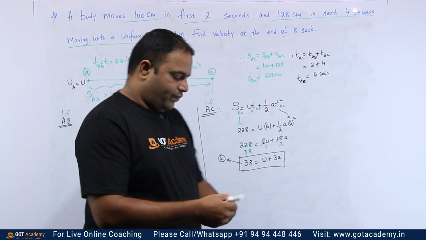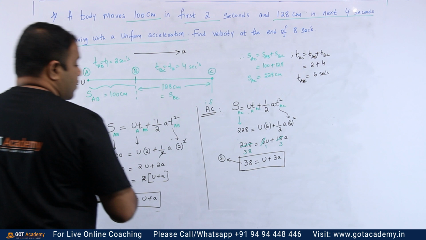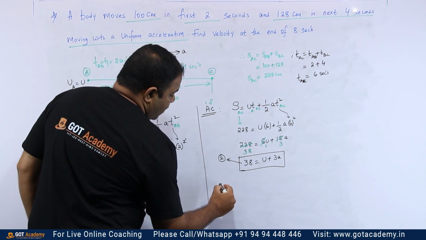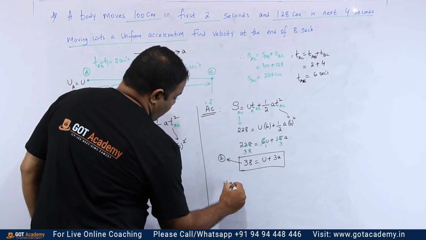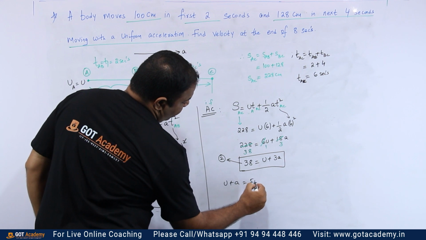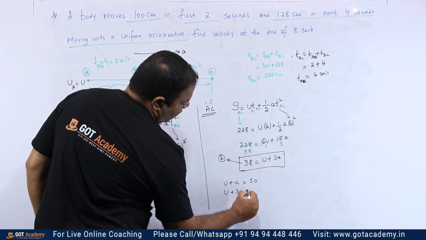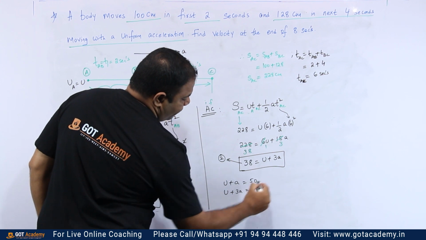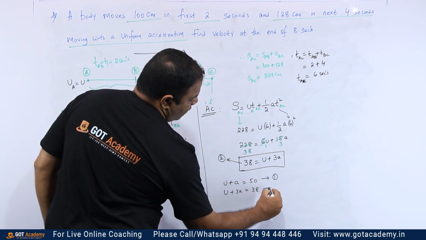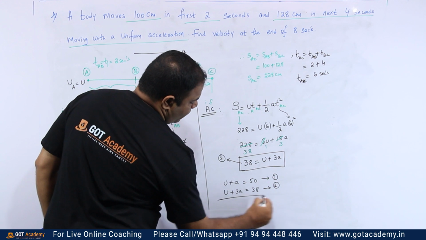How to find out those? Let me write. u plus a equal to 50 and here u plus 3a equal to 38. This is equation 1, this is equation 2.